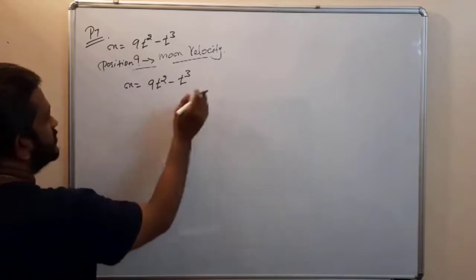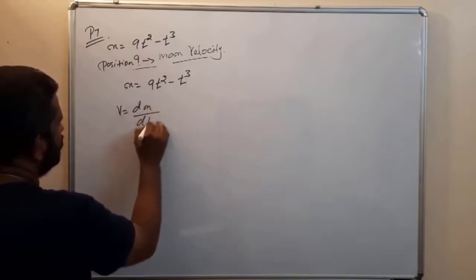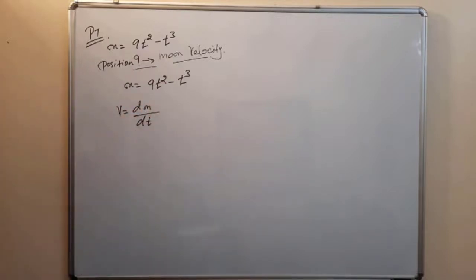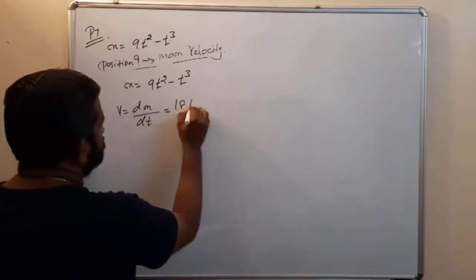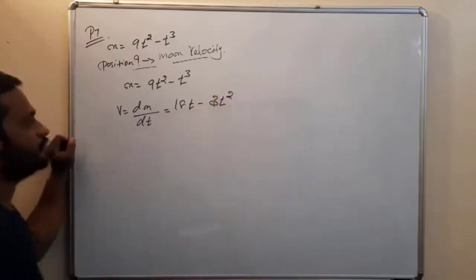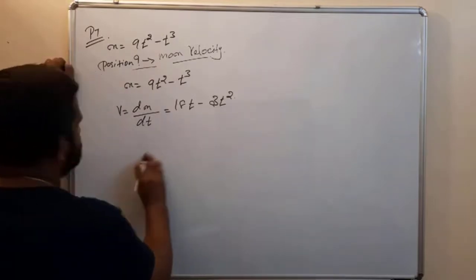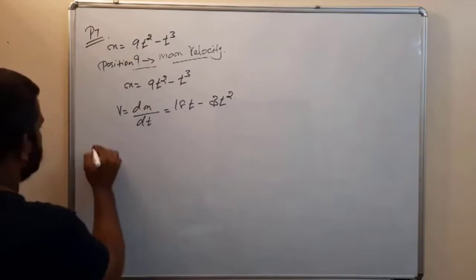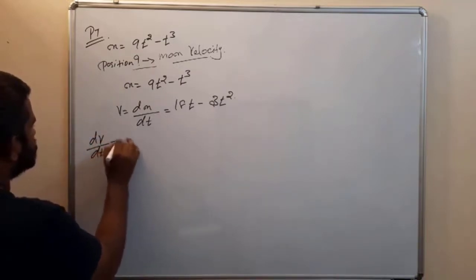For maximum velocity, first we have to find the velocity, that is v is equal to dx by dt. So that's equal to 18t minus 3t square. So maximum velocity means dv by dt is equal to 0.